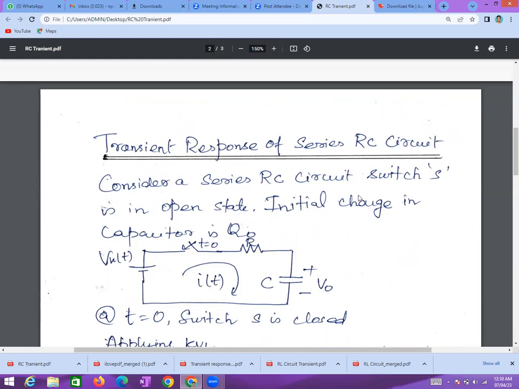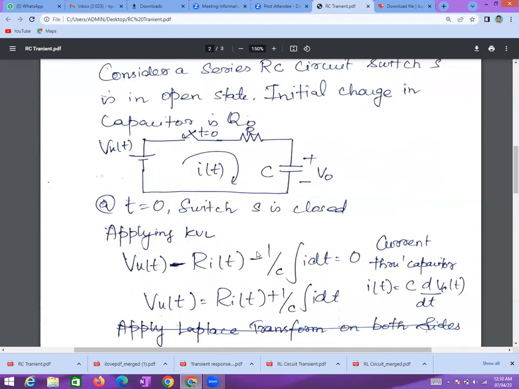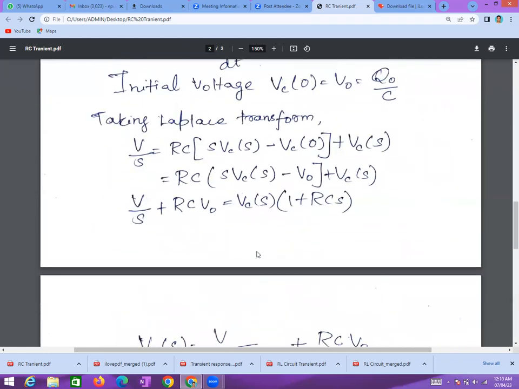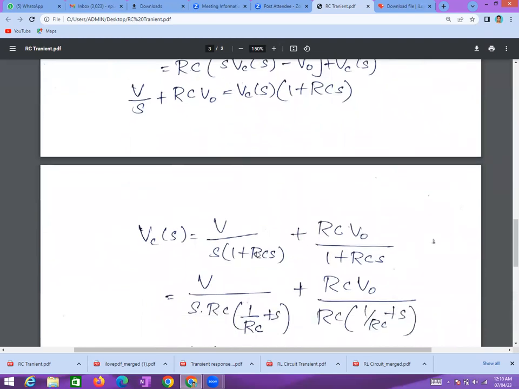And one more thing: if you have values like R equivalent to 20 ohms and C equivalent to 10 microfarad, or instead of constant values you have variables, we use the same procedure to derive the equation. That is the main feature of this derivation. The derivation part is very important. Thank you all.